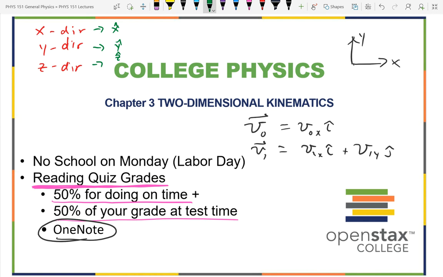Those little hats, and I know if we were French, we wouldn't say hat. We'd say like carré, right? But we're not French, so we say hat. The hat means that it has a magnitude of 1 and a direction as specified. So it's kind of like the opposite of a scalar. A scalar only has magnitude and no direction, whereas these hats have direction with a magnitude of 1.